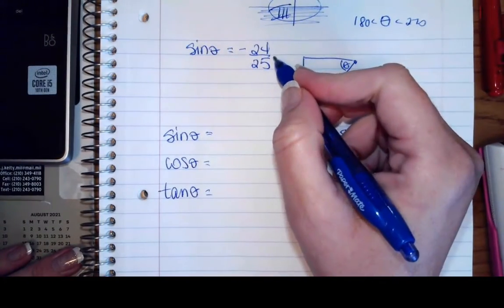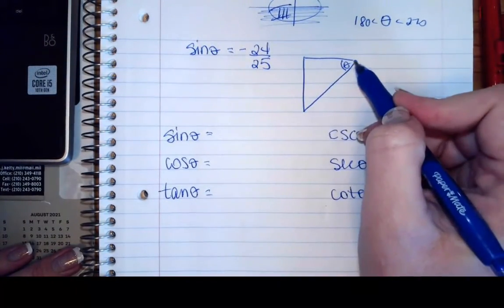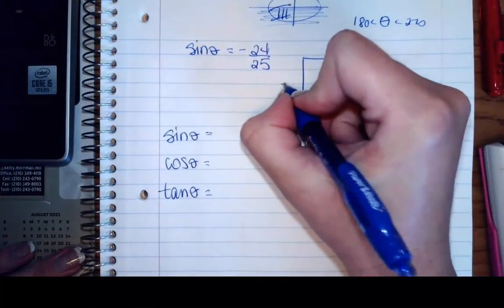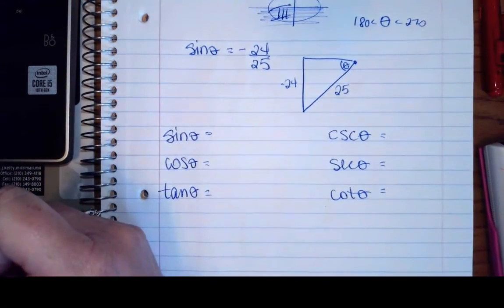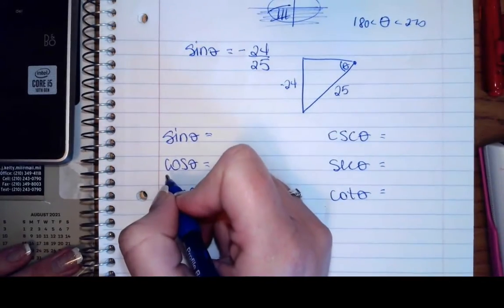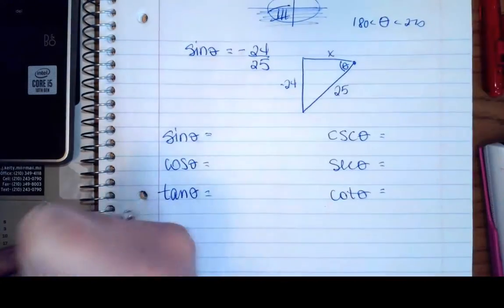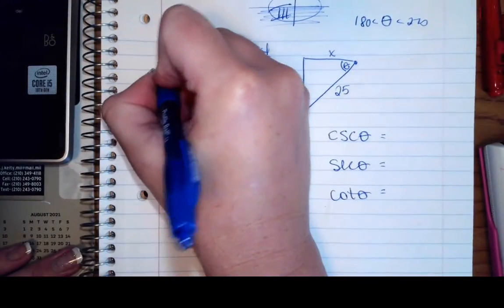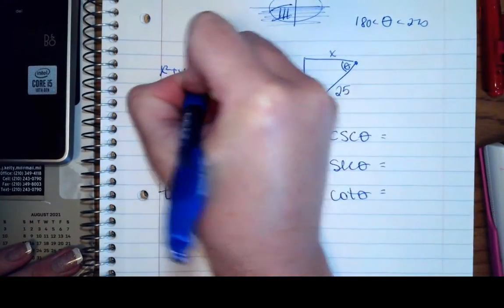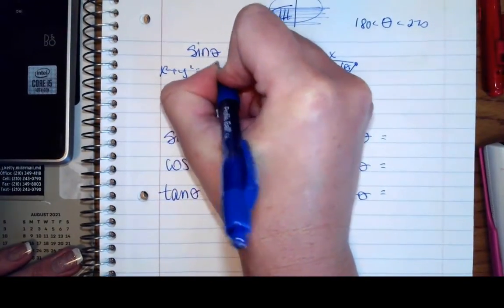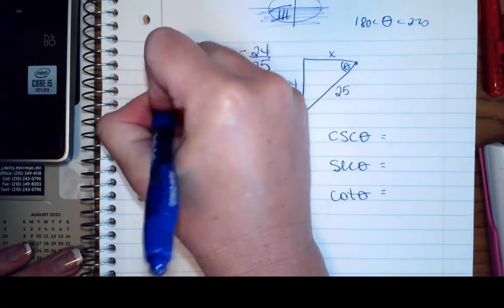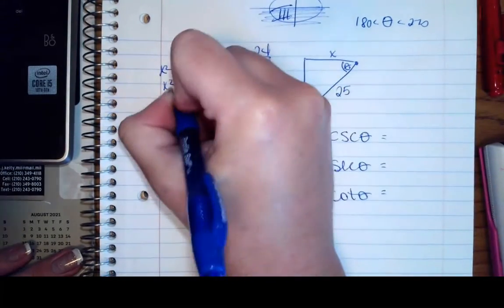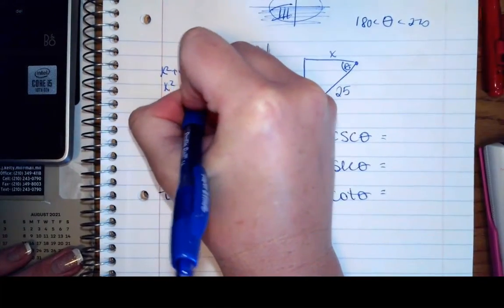I know that the sine is opposite over hypotenuse, so I've got opposite, which is negative 24, and hypotenuse, which is 25. If I do the Pythagorean Theorem to that, I'm trying to find out what x is. The Pythagorean Theorem says x squared plus y squared is r squared. So y squared, negative 24 times negative 24, is 576.